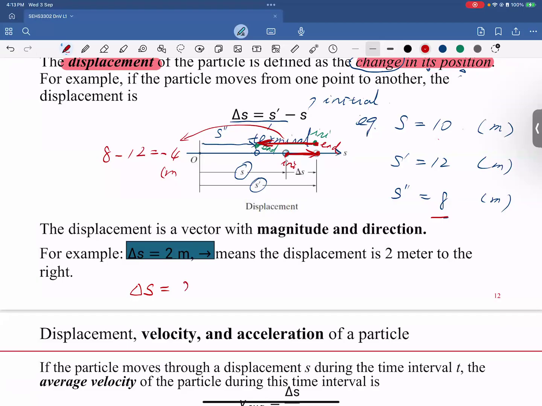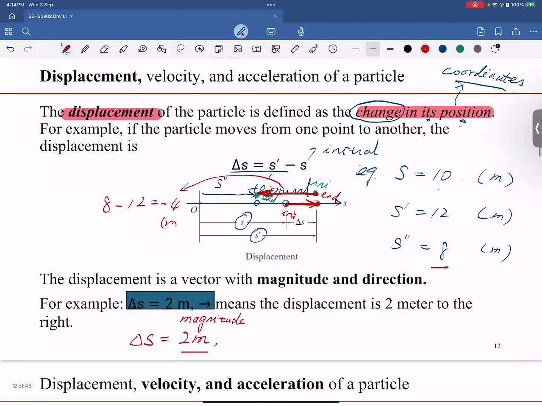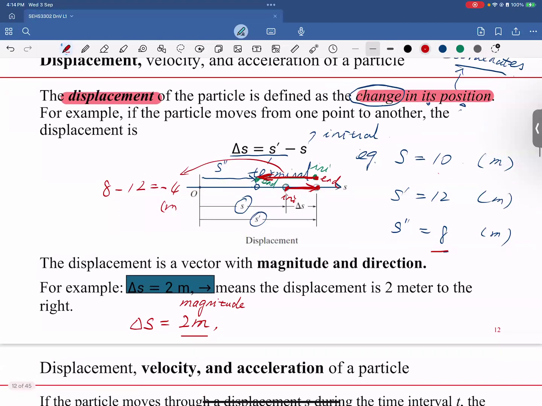So this displacement is 2 meters, right? And we can use 2 meters to show the magnitude, right? We call it a magnitude, magnitude, 大小, okay? And we also need to point out its direction.